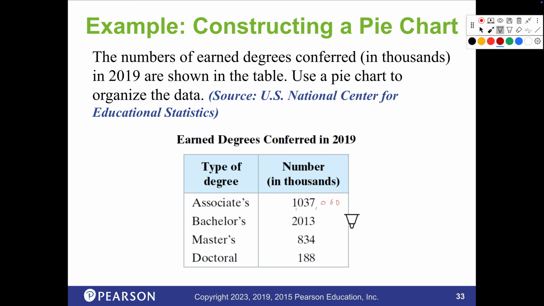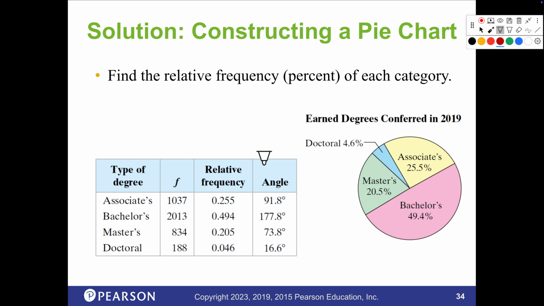So what are we going to want to do? We want to get the relative frequency, the percentage. To do that, for associate's degree, we take the 1,037 thousand, and what would we divide it by?